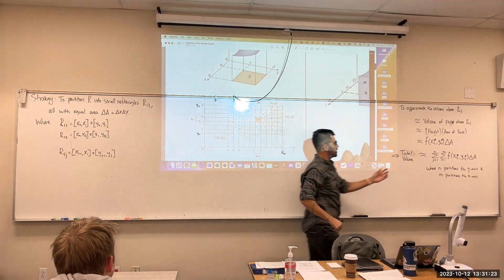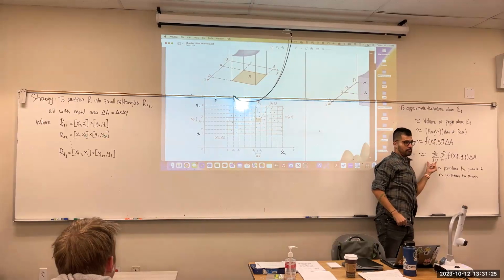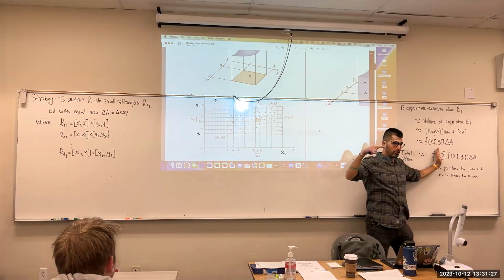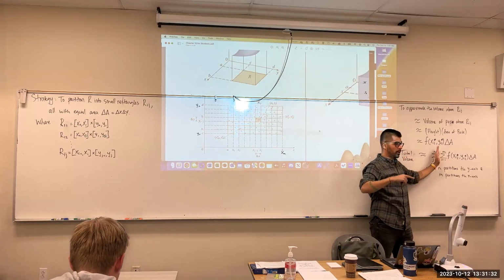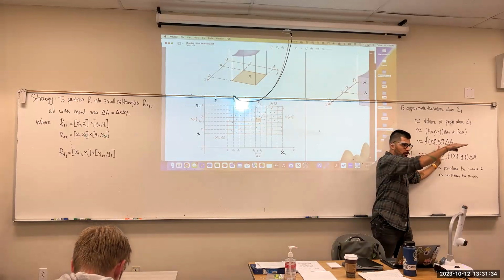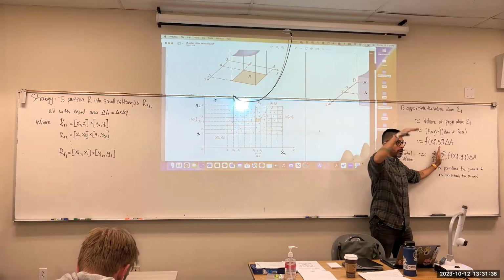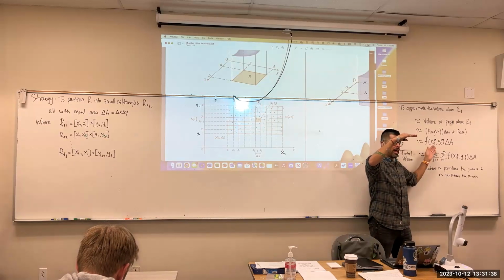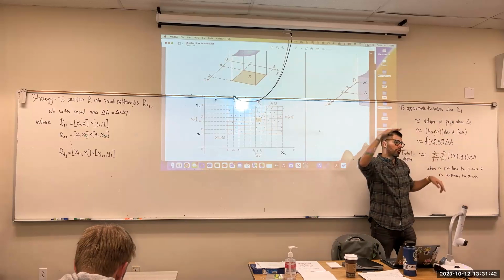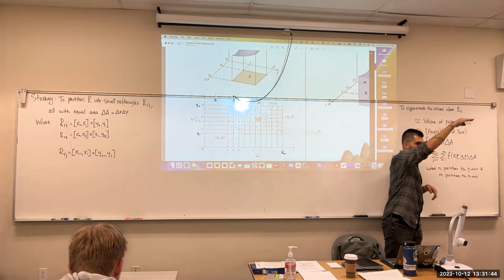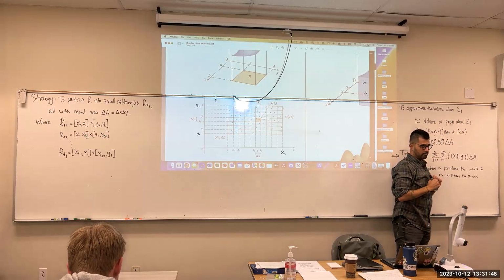And that's why there's a sum of a sum. This sum goes across this direction for a fixed j. So you find the volume of all those sub-rectangles. Then you go to the next one. So then you're going to add the sum of all that row, all the rectangles in that row, plus all the ones in that row, plus all the ones in that row. That's where you get two sums.